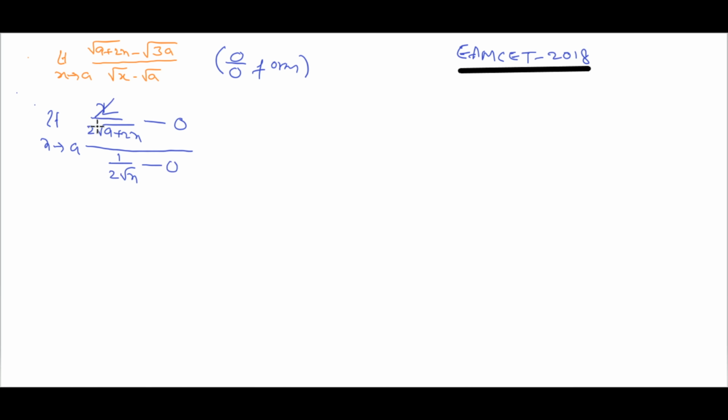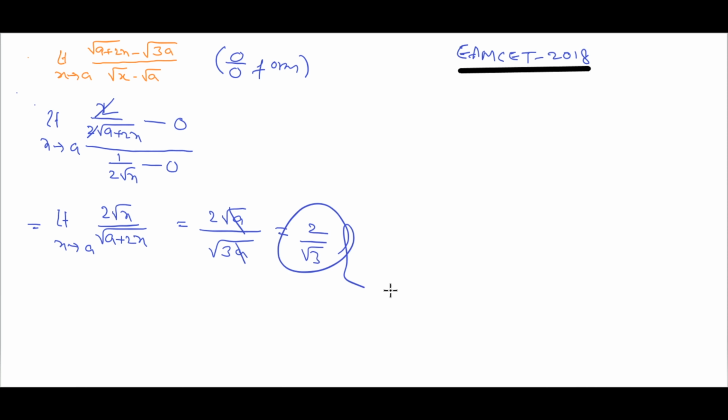Here 2 cancelled, that is equal to limit x tends to a 2 root x by root over a plus 2x. Substituting x is equal to a, that is 2 root a by root over a plus 2a, that is root over 3a. Here root a cancelled, that is equal to 2 by root 3. That is done.